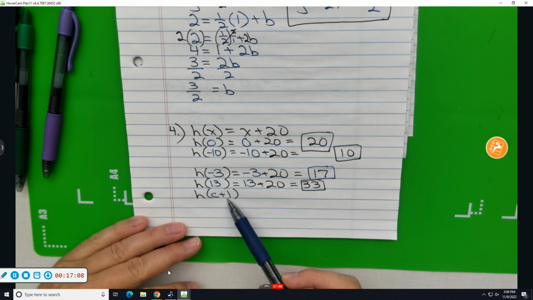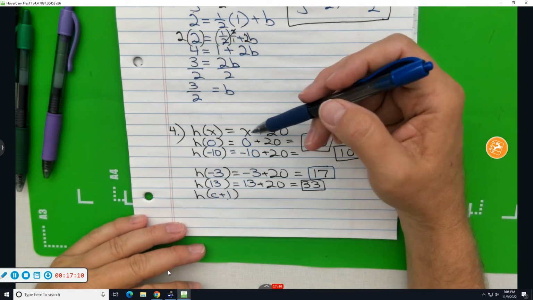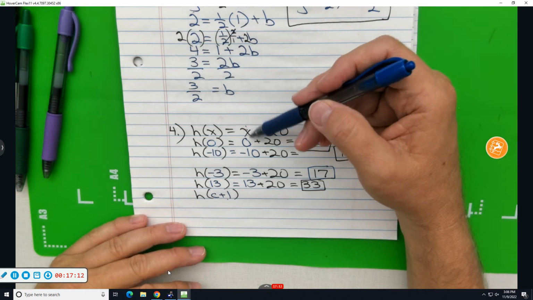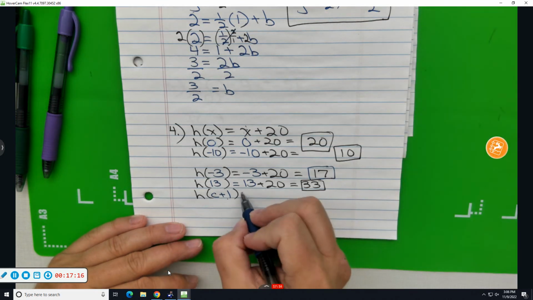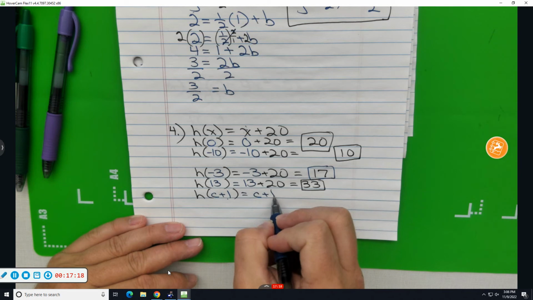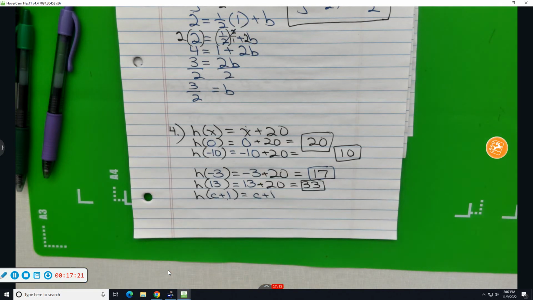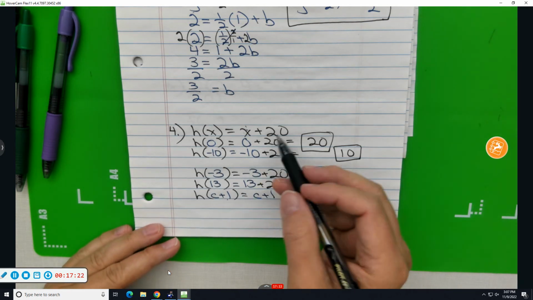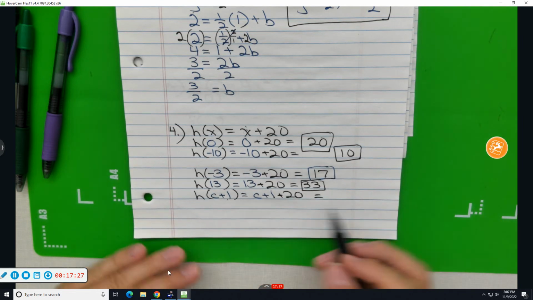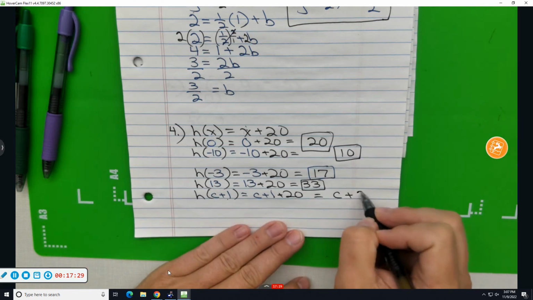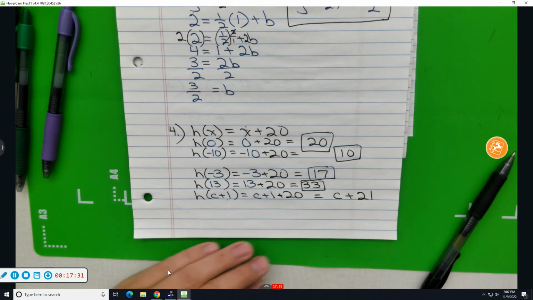H of c plus 1, that says go to your function h, and where you see a variable, you're going to write c plus 1. So you have a c plus 1, and you still have the plus 20. So that's going to give us just a c plus 21 for our final answer.